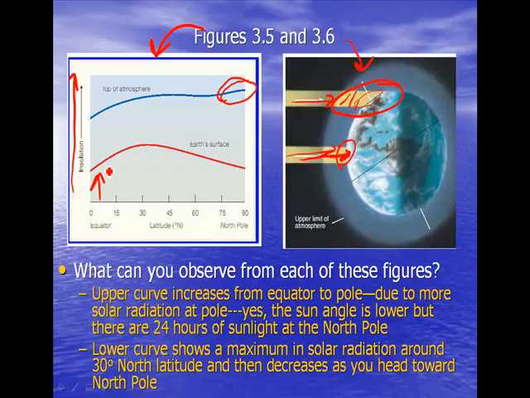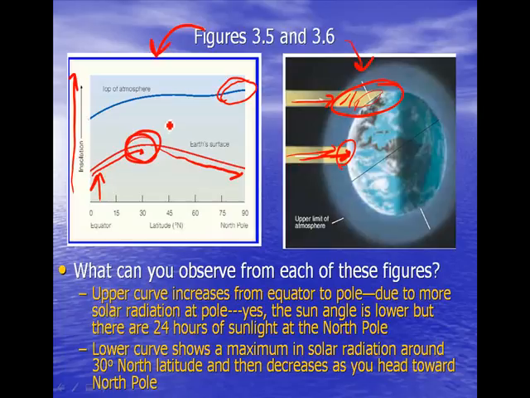And so you'll notice, as we go from the equator on up to about 30 degrees north latitude, we have a maximum. And then as we go toward the poles, the amount received at the Earth begins to decrease.